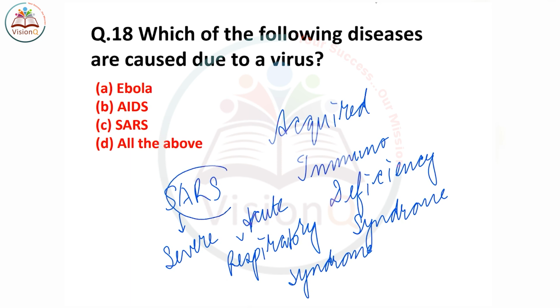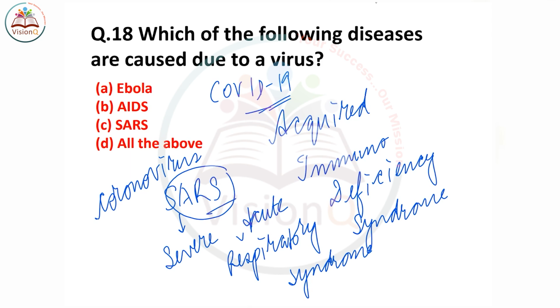Basically, SARS is caused by coronavirus. COVID-19 also is a disease which we all know. We are all familiar with this disease. COVID-19 and SARS are all caused by coronavirus. So the answer of this question will be option number D. Okay, all these are caused due to a virus.